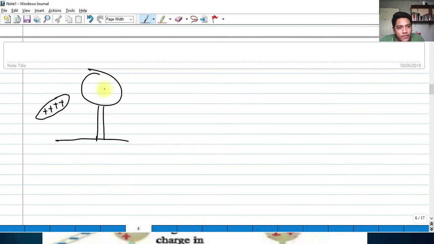If I bring this positively charged glass rod close to the metal ball, some of the negative charges will be drawn to the left of the metal ball because they are attracted to the positive glass rod, and some of the positive charges will try to go as far away from the glass rod as possible because they are repelling each other.